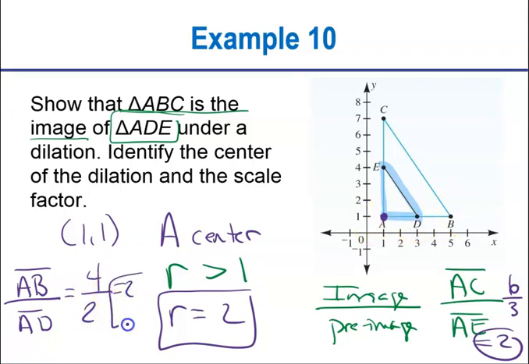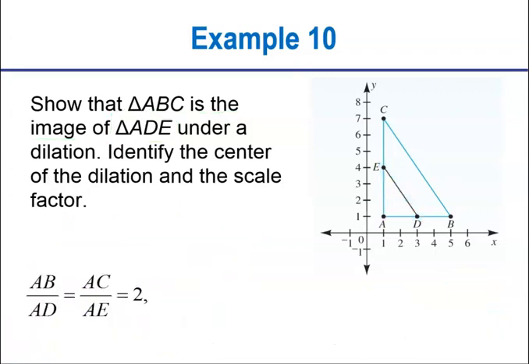And notice that also gives us 2. So if you have the option, I would definitely check at least 2 of those measurements just to make sure you were doing it correctly. Now let's rehash this information a little bit. Again, AB compared to AD is the same as AC compared to AE, and we got 2.